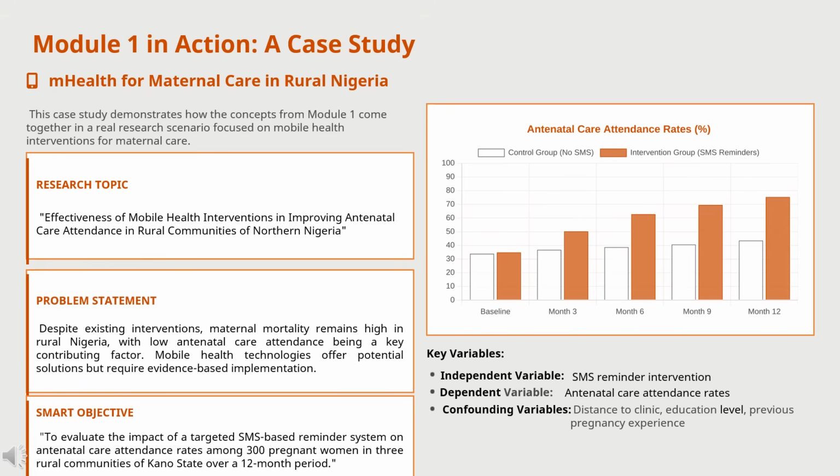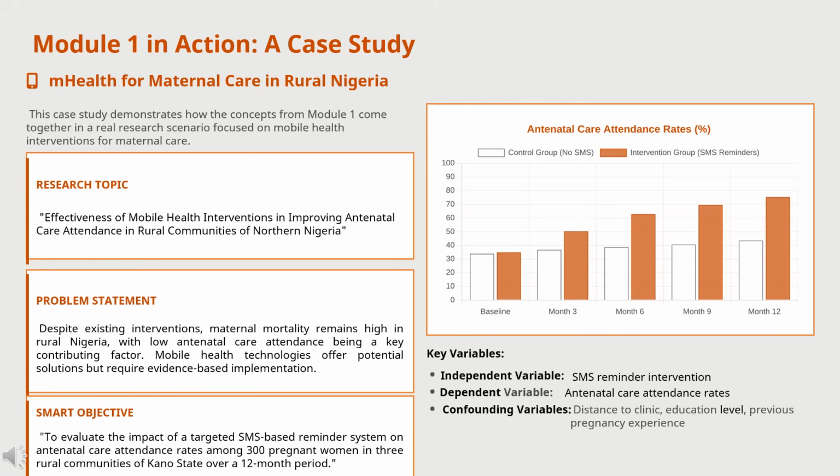Here you can see it is very clear, it is specific, it is relevant, it is feasible, and it is original. Effectiveness of mobile health intervention in improving antenatal care attendance in rural communities of northern Nigeria. So this fulfills the elements of a good research topic, right?